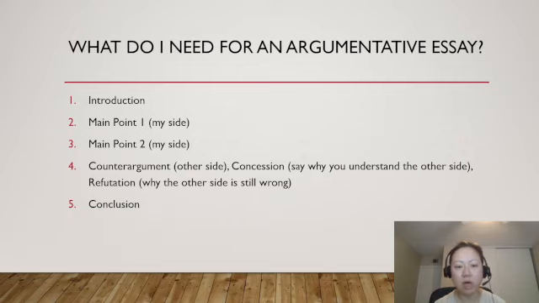Like, how do you talk about the other side? So in paragraph 4, you will introduce the other side in what we call the counter argument, and a concession to say why you understand the other side, and then something called refutation, why the other side is still wrong or something that you don't support. And finally, we will end with a conclusion.